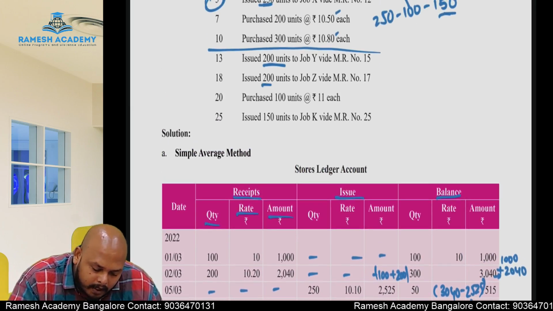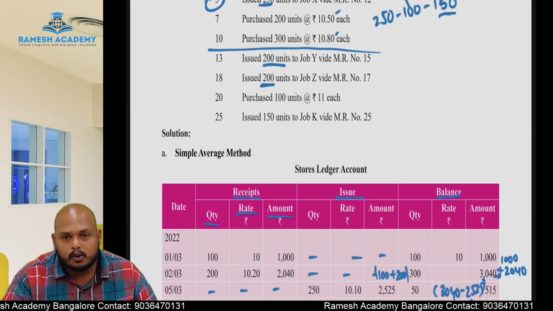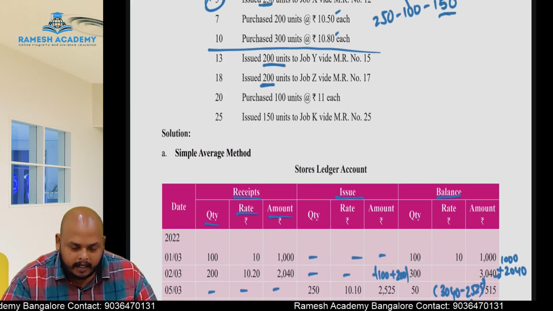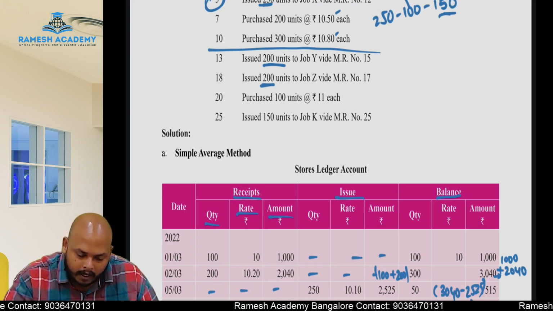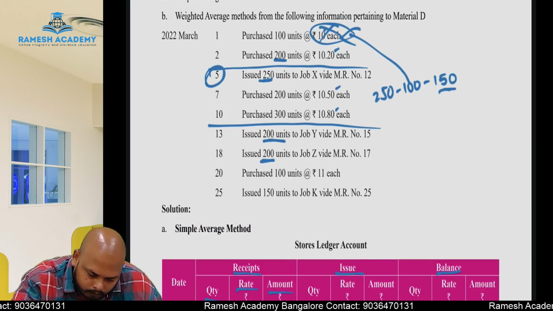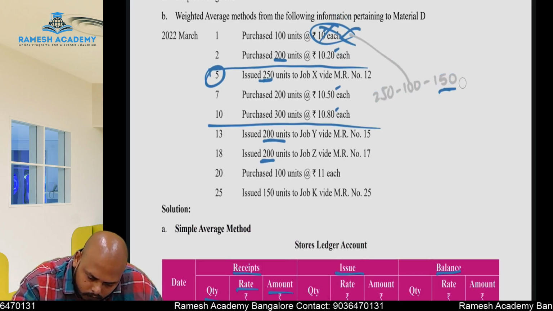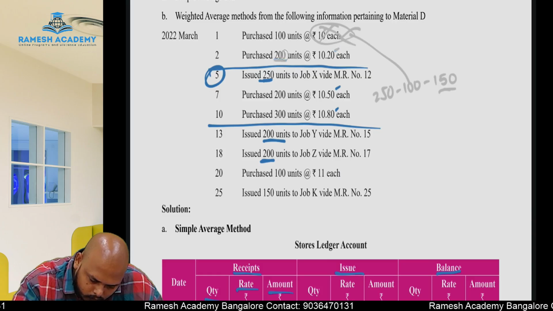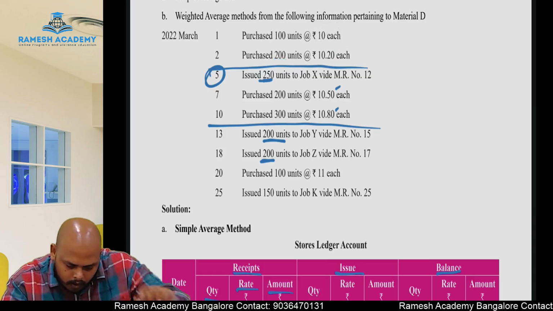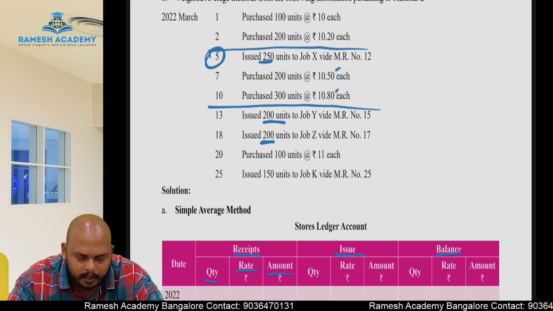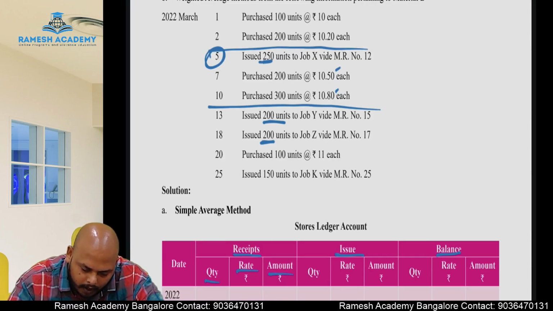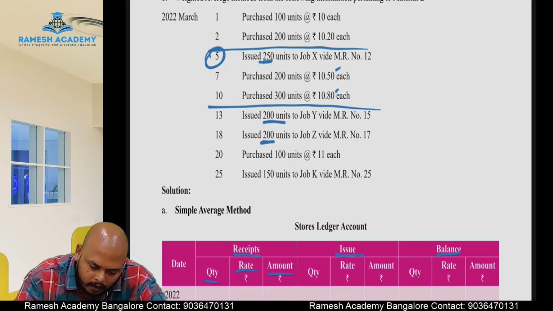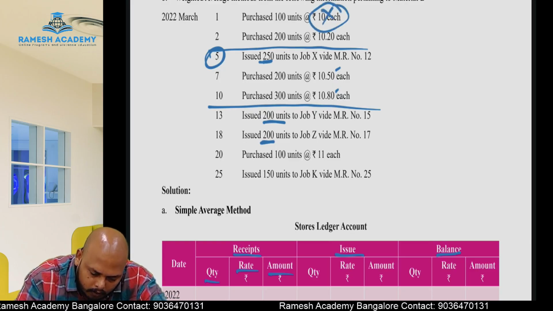Again, on 18th March they issued 200 units. Now 200 units we are issuing, which means this is also gone, the remaining 50 is also gone.